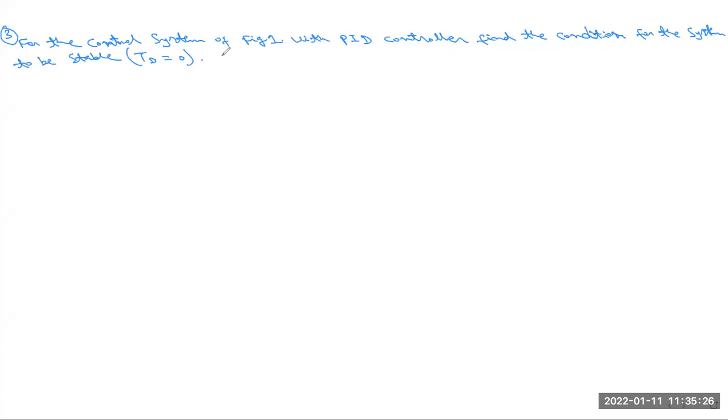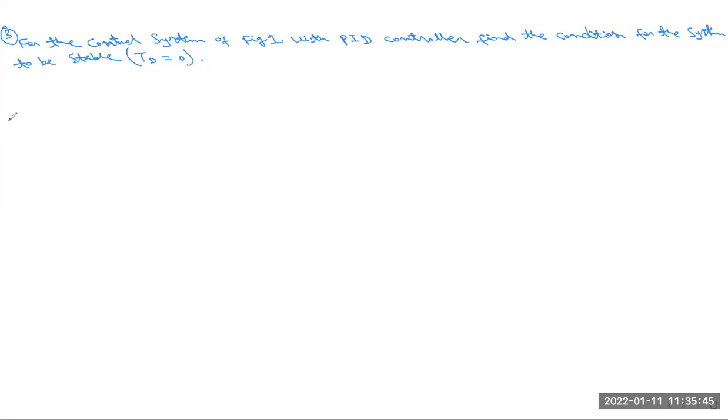So you may be given this type of question. So you have to read the PID controller. This is the proportional integral derivative controller. So you have to calculate the value at which the system is stable.